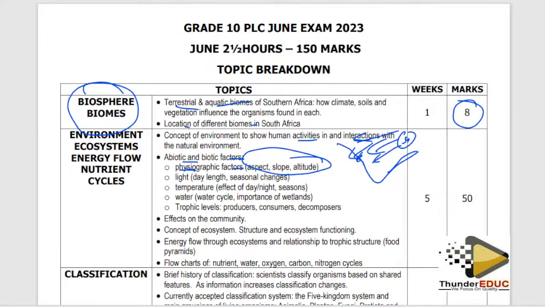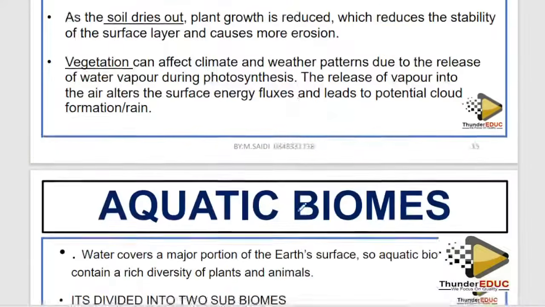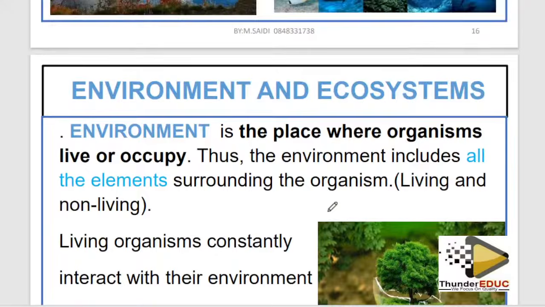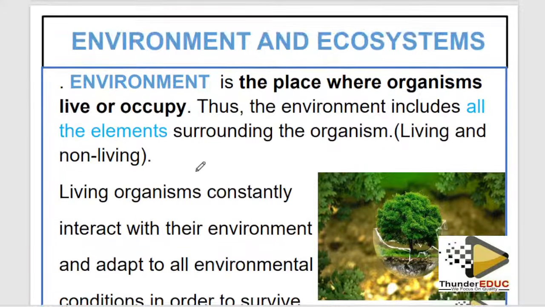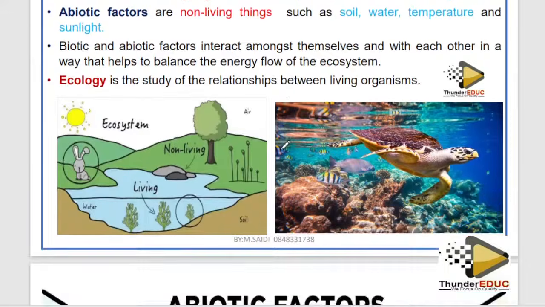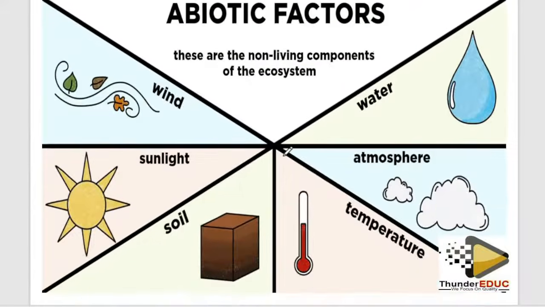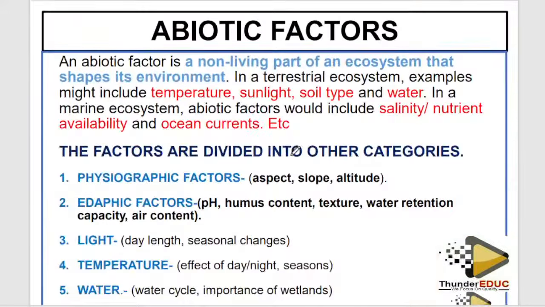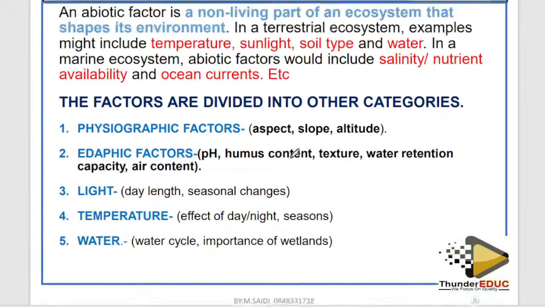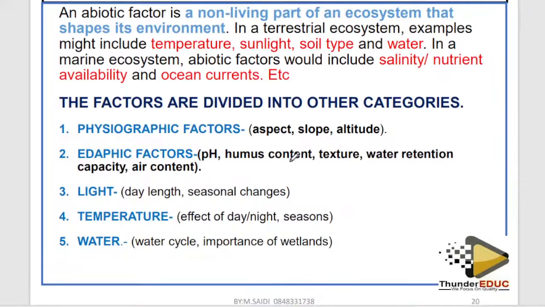Let me show you what I'm saying here in the booklet. These are the aquatic biomes. When you come to environment, please know at least the definitions, because they can bring them in the terminologies. Biotic factors are factors you are able to answer very fast, and then abiotic factors.